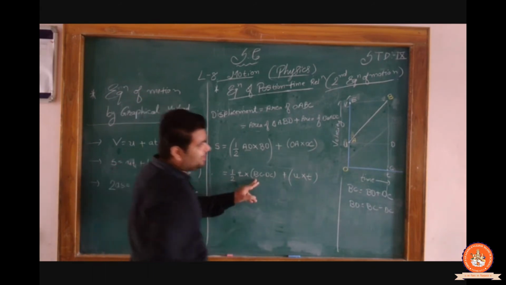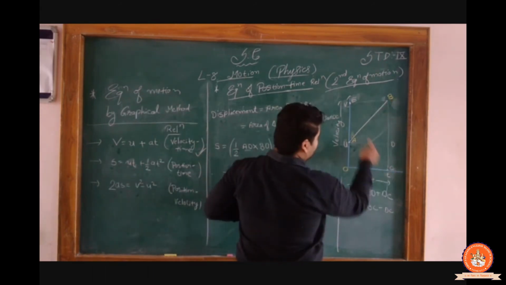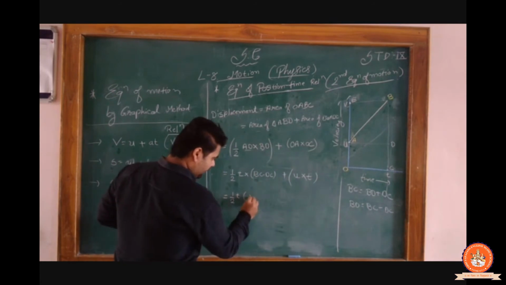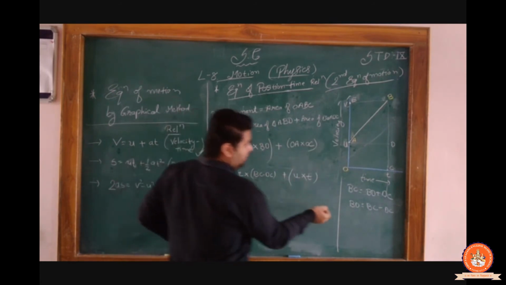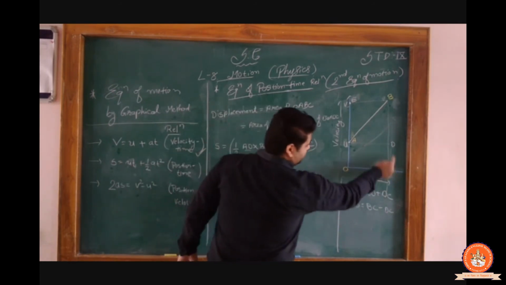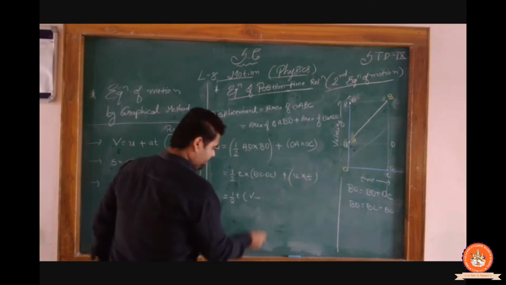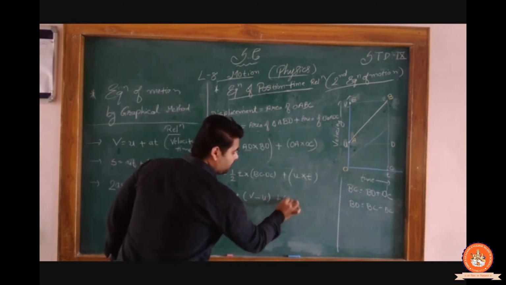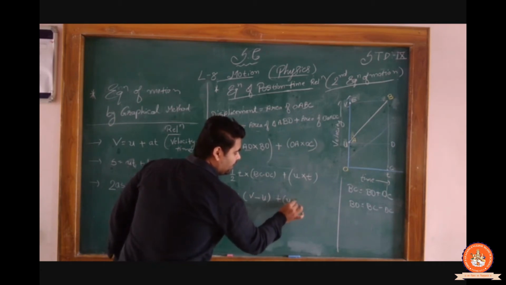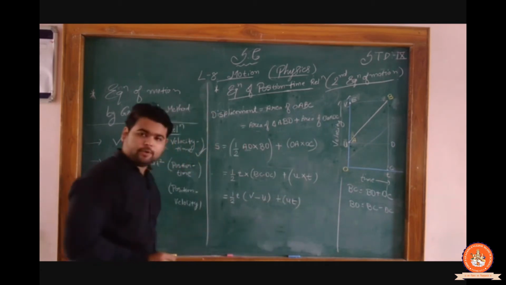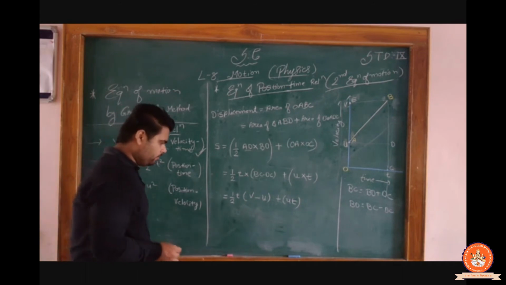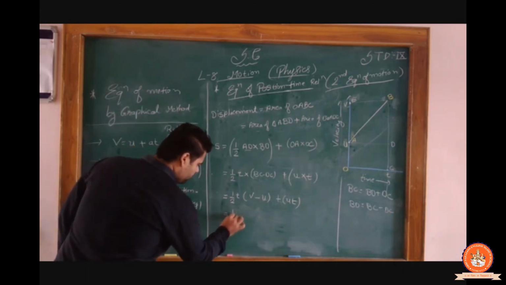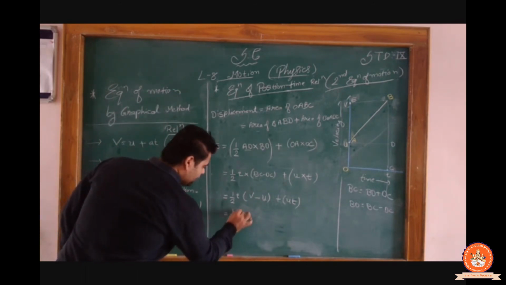What is BC? BC is the final velocity, minus DC. DC is the initial velocity. Plus u multiplied by t, so we can write ut. Now 1/2 as it is, t as it is.